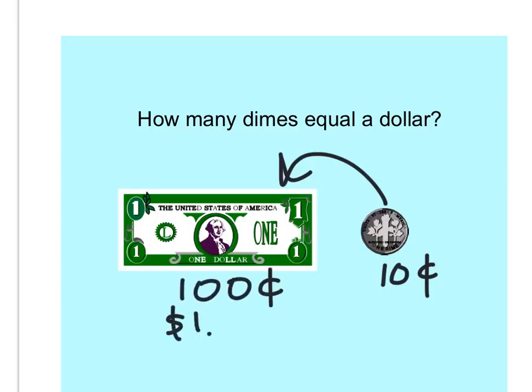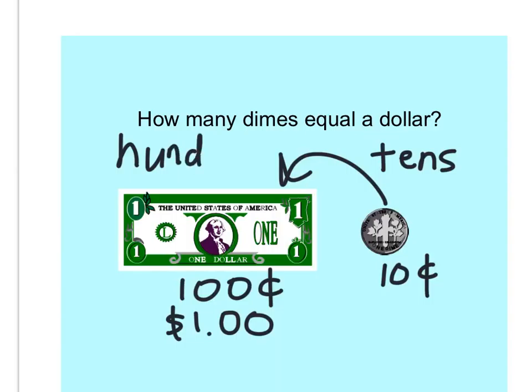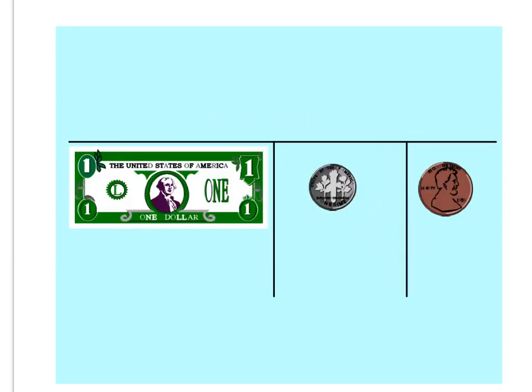Remember, you can write that in cents notation or in dollars and cents notation. This would be a lot like changing a 10 into 100 on the place value chart. So money is a lot like place value when we're talking about ones, tens, and hundreds.